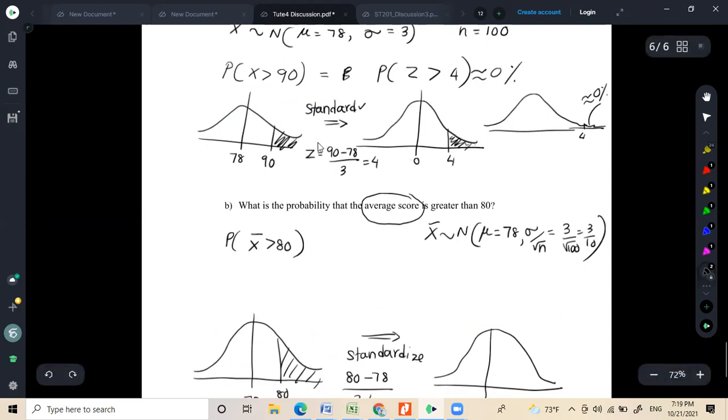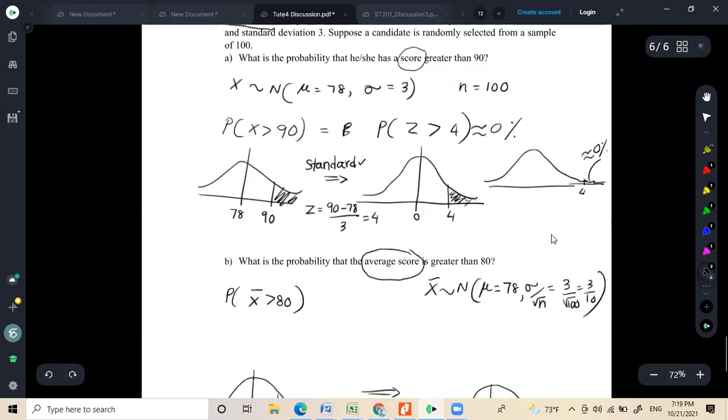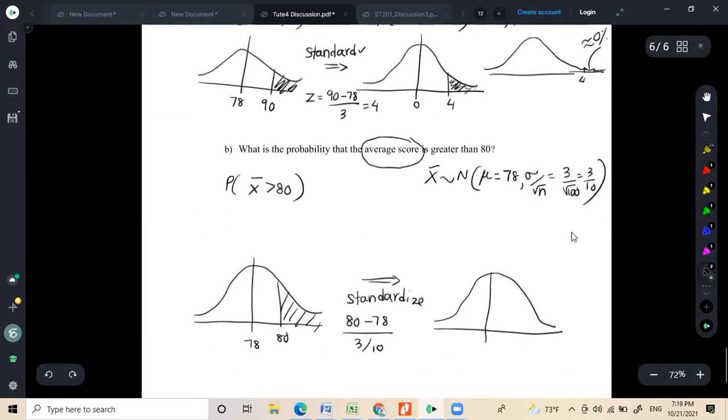Sigma over square root, oh yeah, sigma is 3, right? Yeah, sigma is 3. So it is 3, yeah, it's correct, 3 over 10. So what do you have? Can you find this number? 80 minus 78 divided by 3 over 10. 6.67. Okay, another huge number somewhere over here. Obviously, that probability is also 0%.